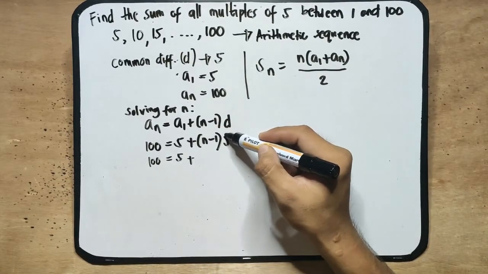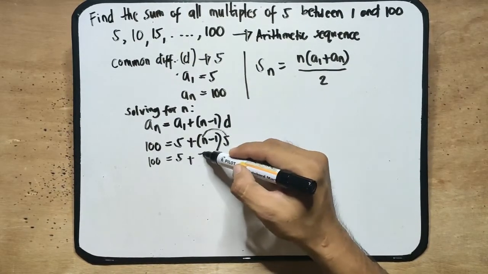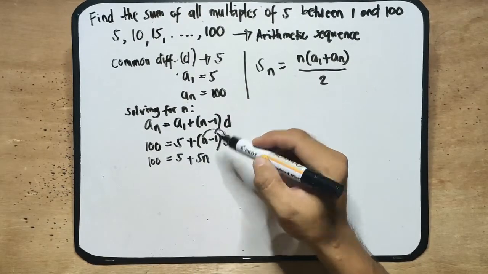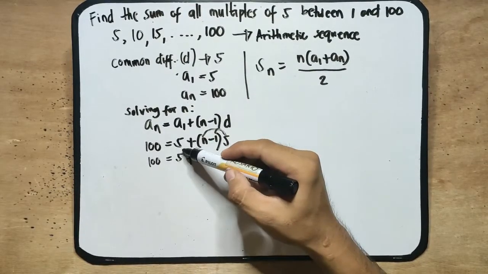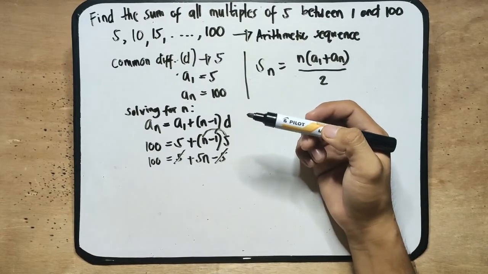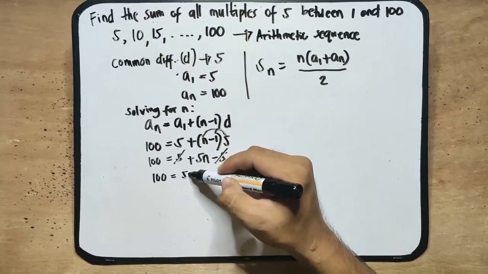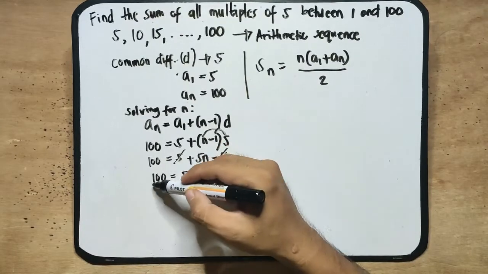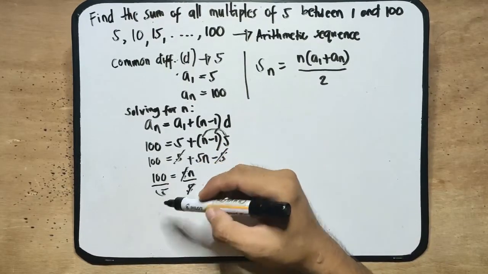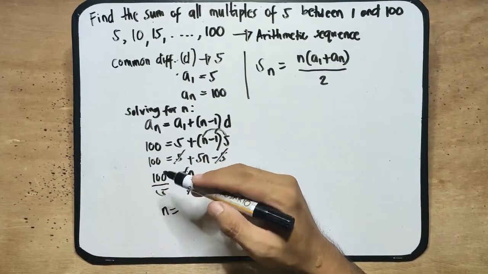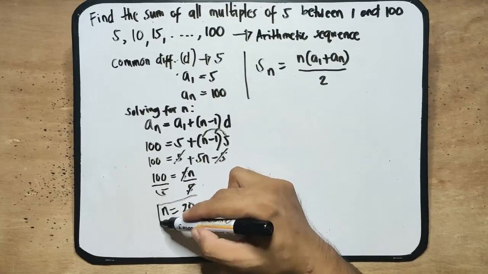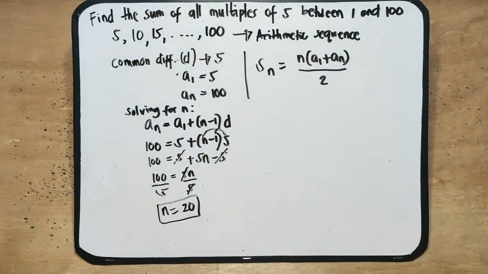We distribute 5 to all the terms here. 5 times n is 5n. 5 times negative 1 is negative 5. So, automatic na matatanggal na yan. So, we have 100 is equal to 5n. Divide both sides by 5. So, we have n is equal to 100 divided by 5 is 20. So, the number of multiples ni 5 in between 1 and 100 ay 20.